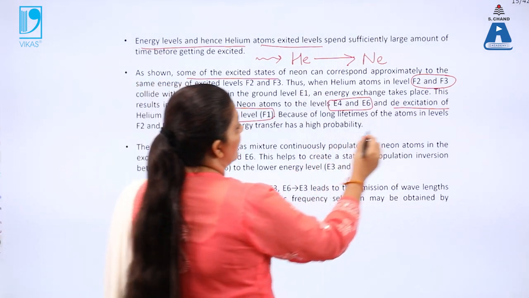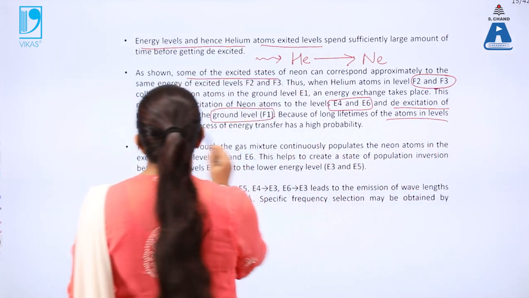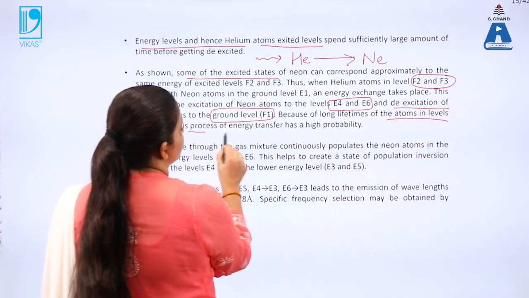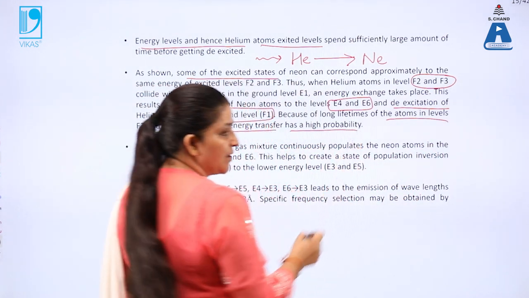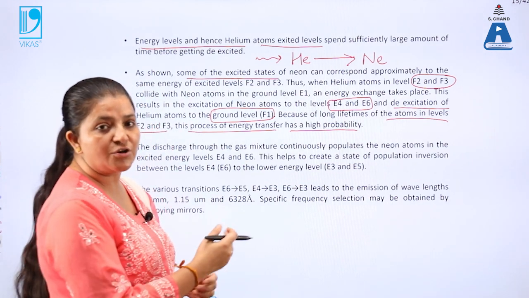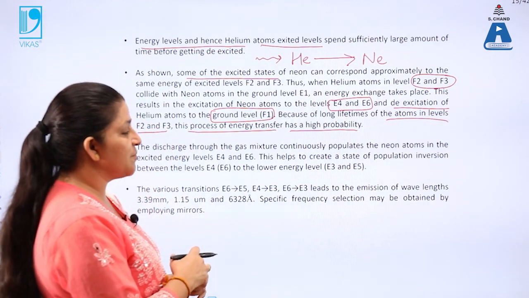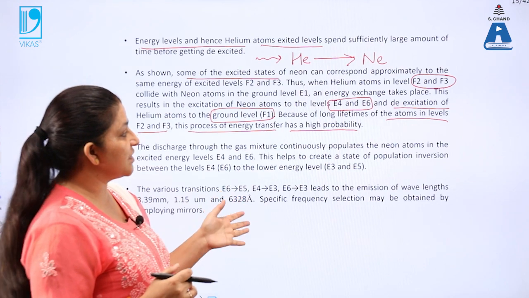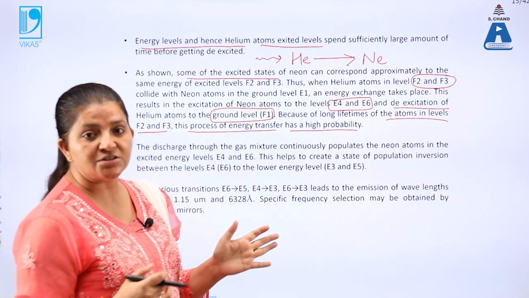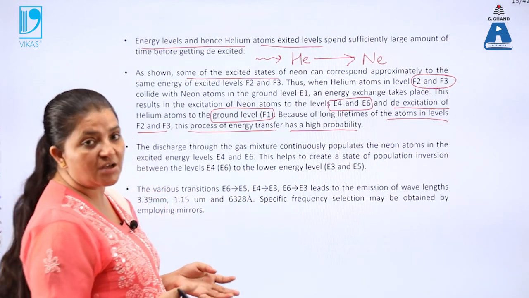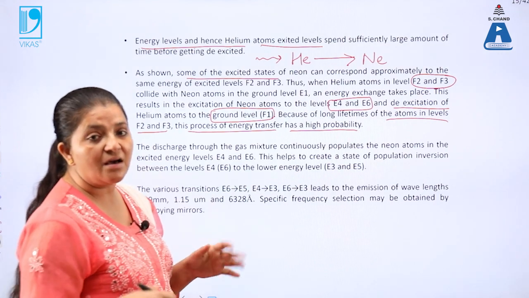Because of the longer lifetime of the atoms in these levels F2 and F3, this process of energy transfer has high probability. For the neon atoms, the atoms jump from the excited state to the metastable states. We know that the metastable states are more stable than the excited state.